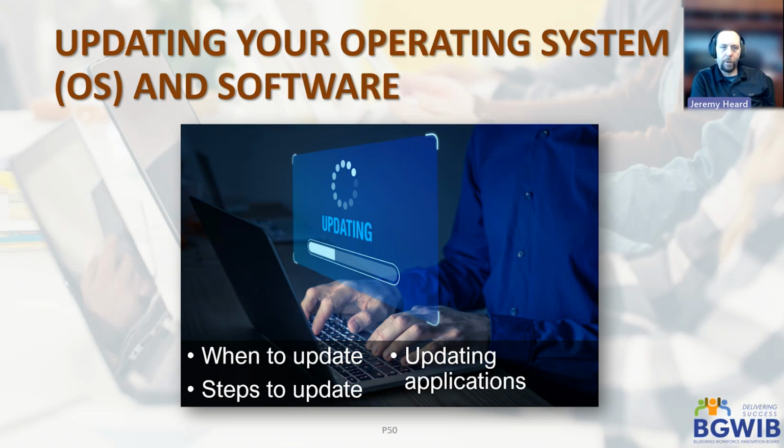Once you're in there, you simply check for updates, and any updates that it finds, it will download and install. By default, it does this automatically. You can change those settings to do it manually if you want, but it's very important to make sure that your Windows or whatever operating system you choose to use is always up to date and secure.